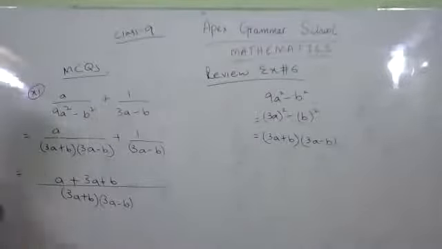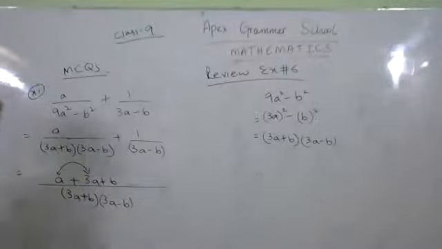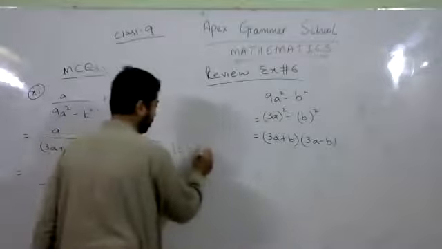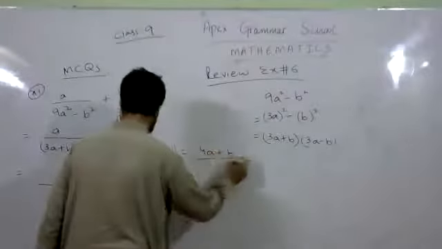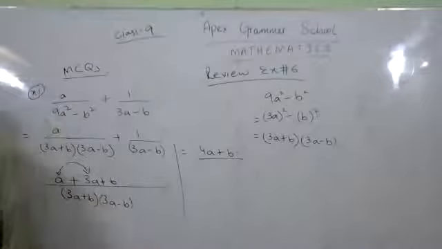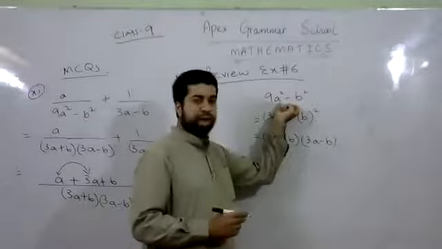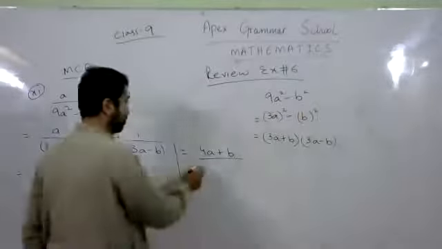Now solve it. This A plus this 3A makes 4A. So 4A plus B, and in the denominator 3A plus B and 3A minus B. This is already equal to 9A square minus B square.